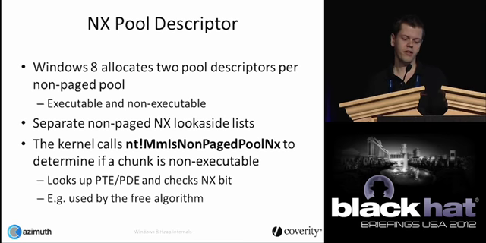It also has non-page NX lookaside lists, and this is per processor, because of the optimizations of cache use, etc. Instead of using the pool type to differentiate between the two, it calls this MiSNonPagedPoolNx function to determine whether memory should be returned to either the executable or the non-executable descriptor. This function looks up the page table entry or the page directory entry and checks the NX bit in that structure. This is, for instance, used by the free algorithm.